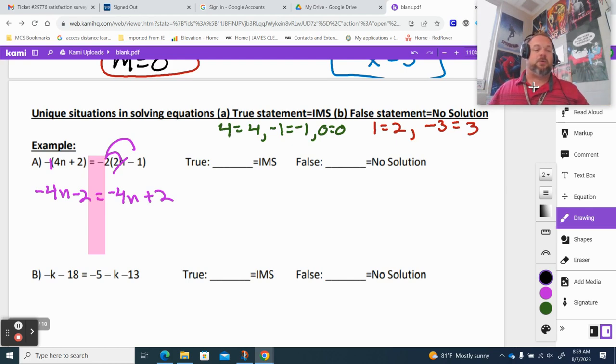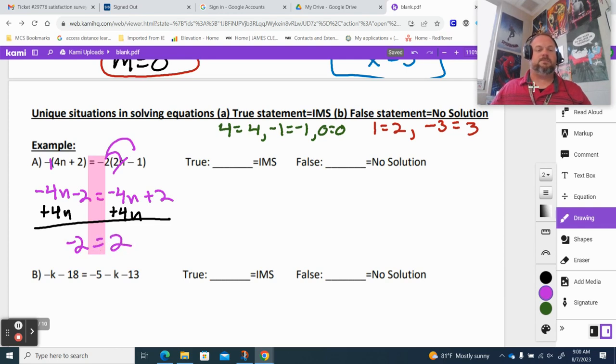Let's move this -4n over here. Say it. Yeah, you can't have -2 equal 2, right?